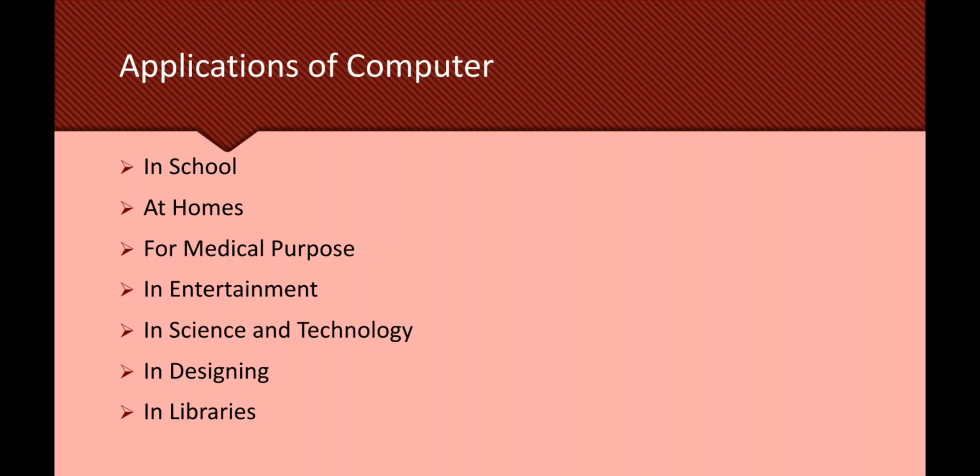If it is not, then it can be issued. This kind of task can be performed in the library by the computer system. So this was all about the application of the computer system, how it is useful in every area of the living of human beings.